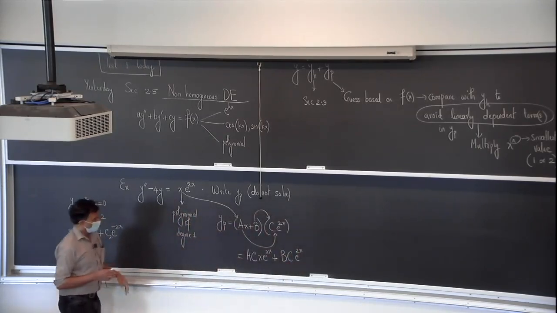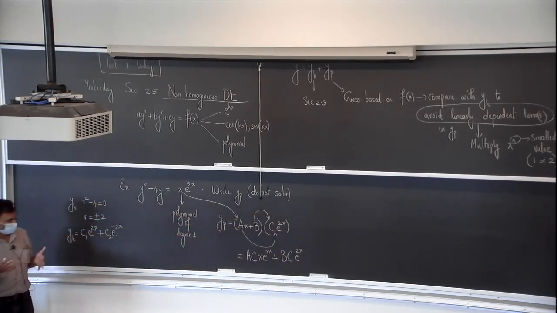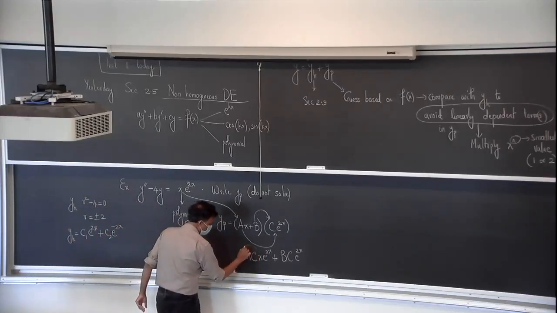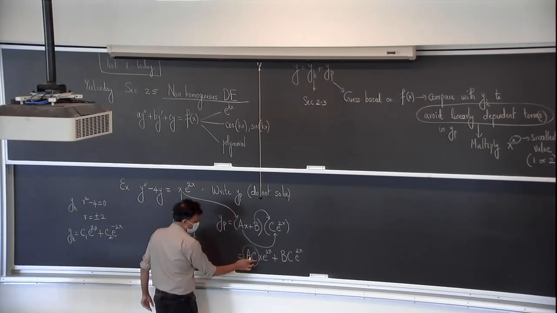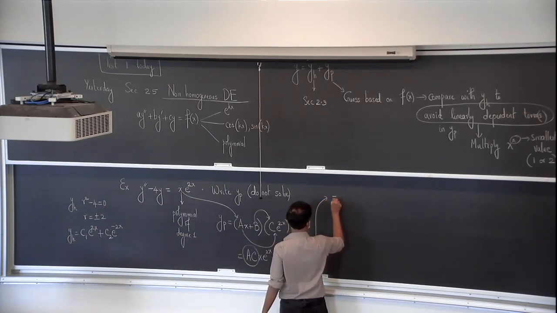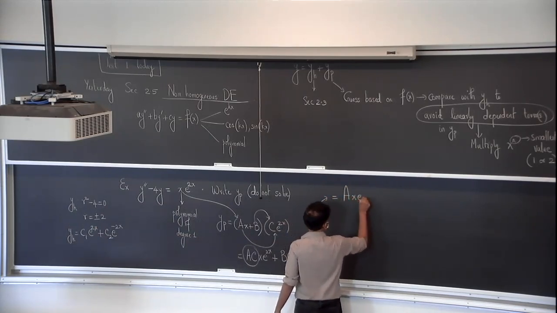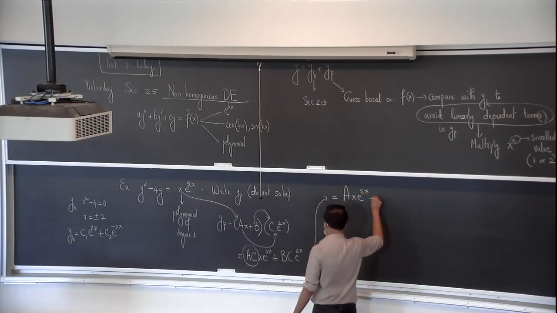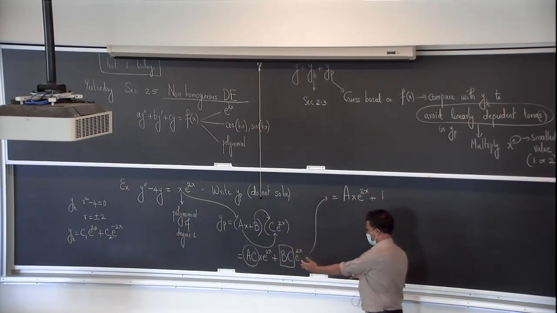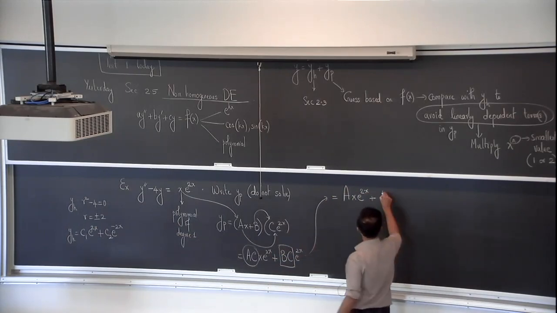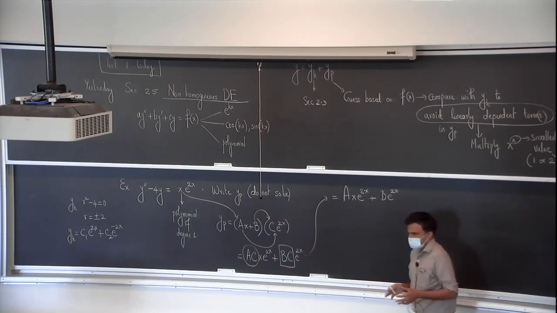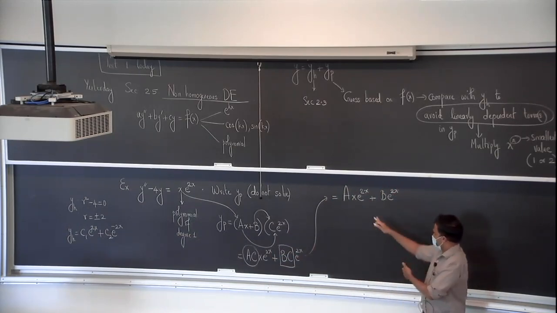I hope all of you have seen this in calculus, or when you did integration for the first time: if you have a bunch of constants multiplied together, you could just call it one constant. So you could just say this as a x e to the 2x plus b. You can call it whatever you want, a1 and b1. That is useful because instead of dealing with 3 constants, you only have 2 constants now.